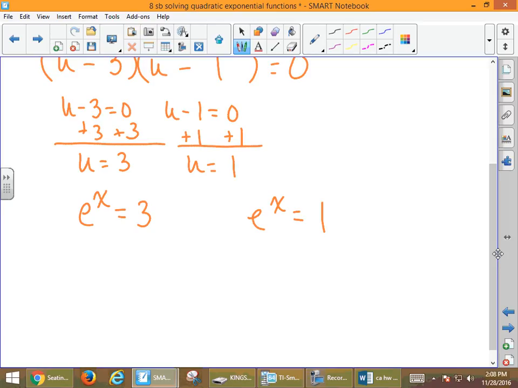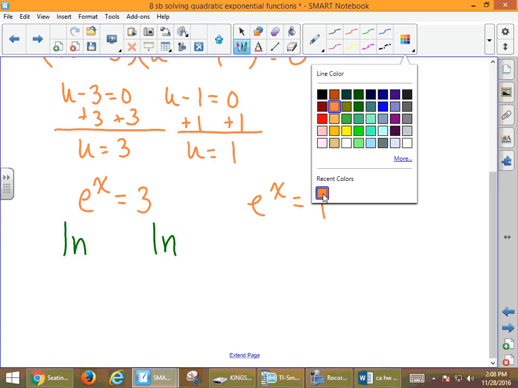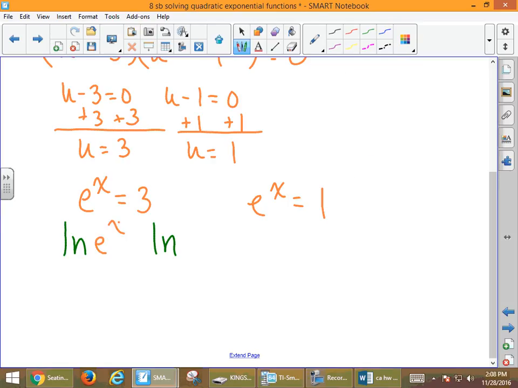So as we get close to finishing this problem, because there's an e in this problem, I recommend using natural log. So it's natural log of e to the x equals natural log of 3. We still want to use our power rule, which says that we can take this x and we can write it out as a coefficient here.